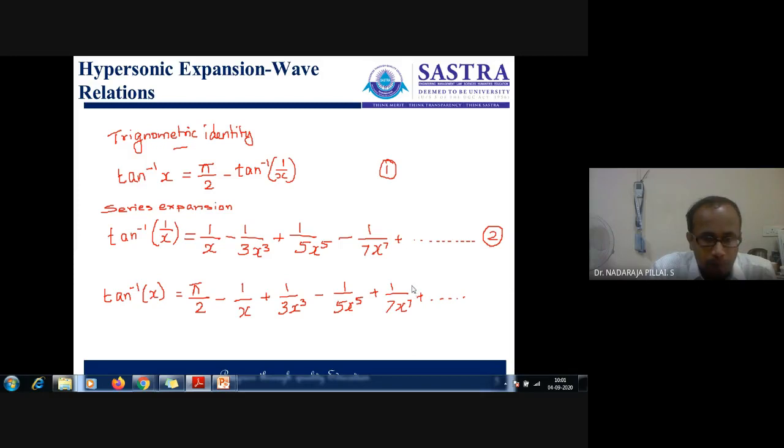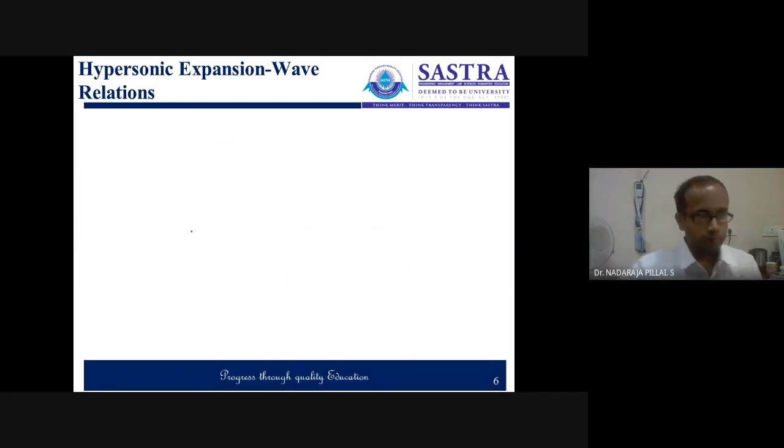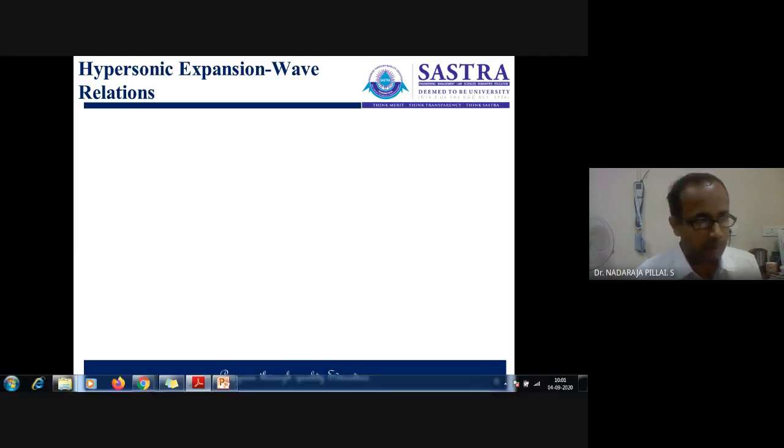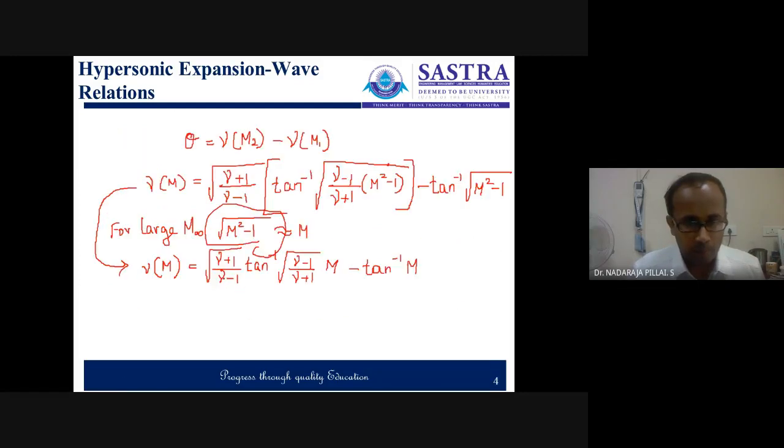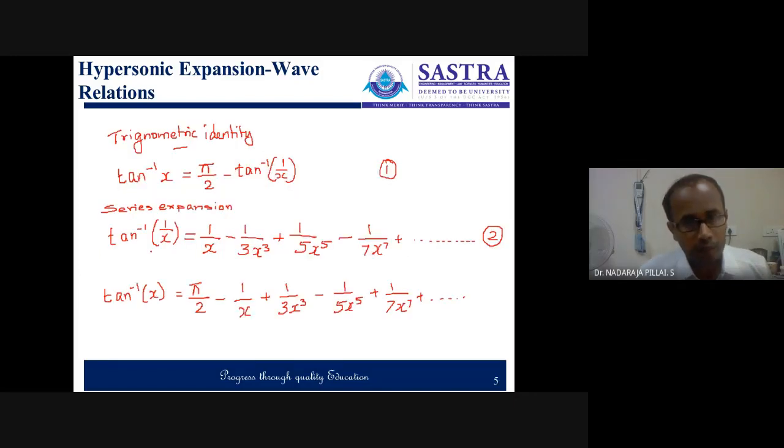So we can write nu of M now as root of (gamma plus 1) by (gamma minus 1) into tan inverse of root of (gamma minus 1) by (gamma plus 1) into M. So we can use tan inverse of x.